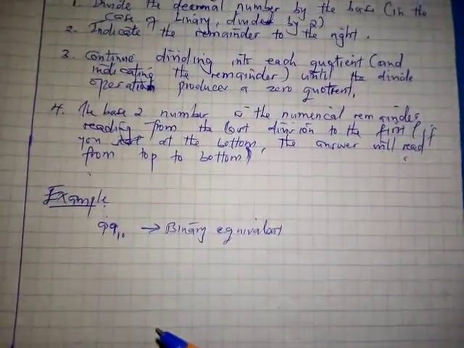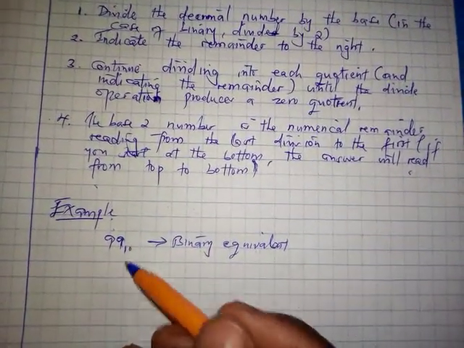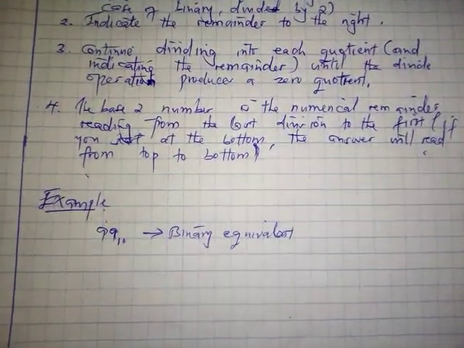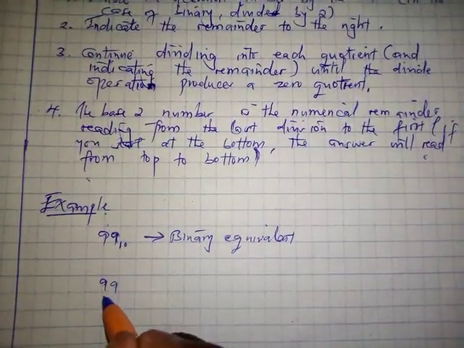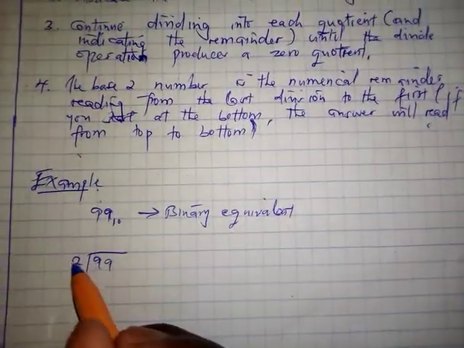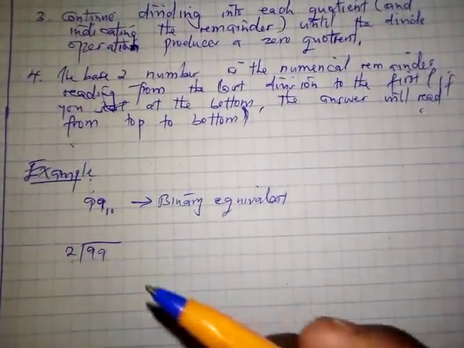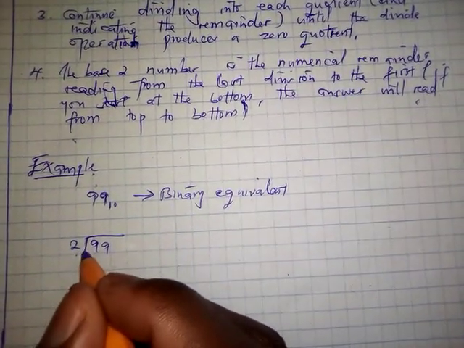I want to start dividing from the top to bottom so that my answer will read from bottom to the top. So it's 99, we divide by 2 since we are converting it to binary. 99 divided by 2 is 48.